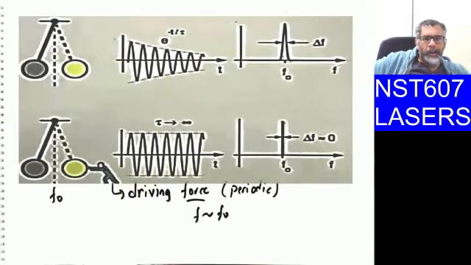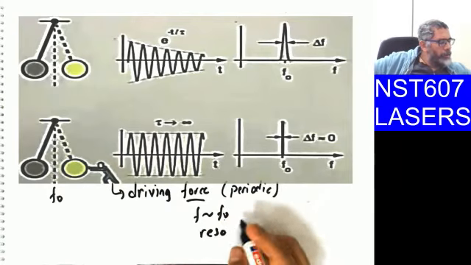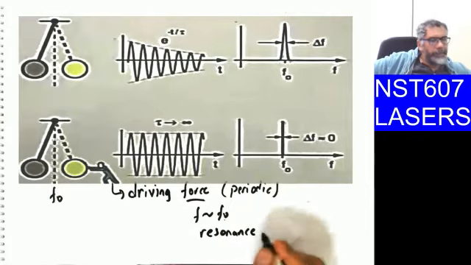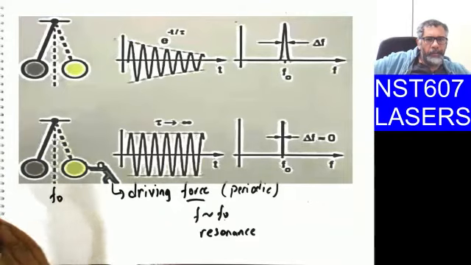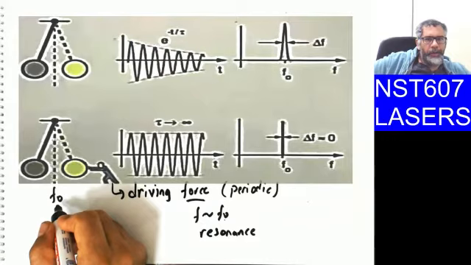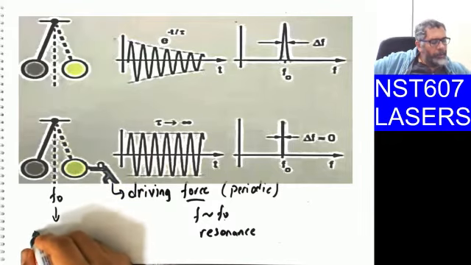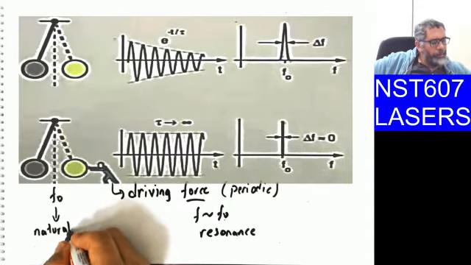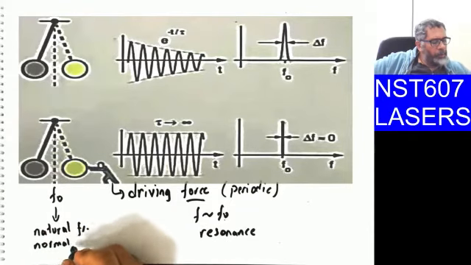And this is the case we call resonance. If there is an oscillating system with some natural frequency, or eigenfrequency, this frequency of the oscillator is called the natural frequency of the system. Sometimes it is called the normal mode, or the eigenfrequency.